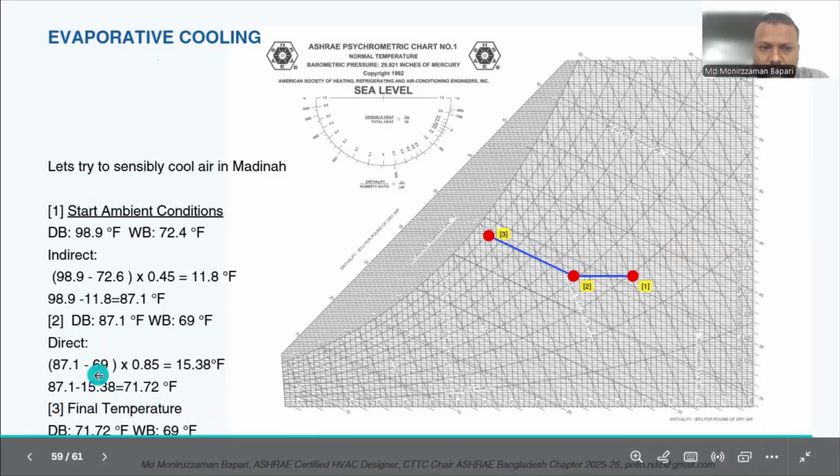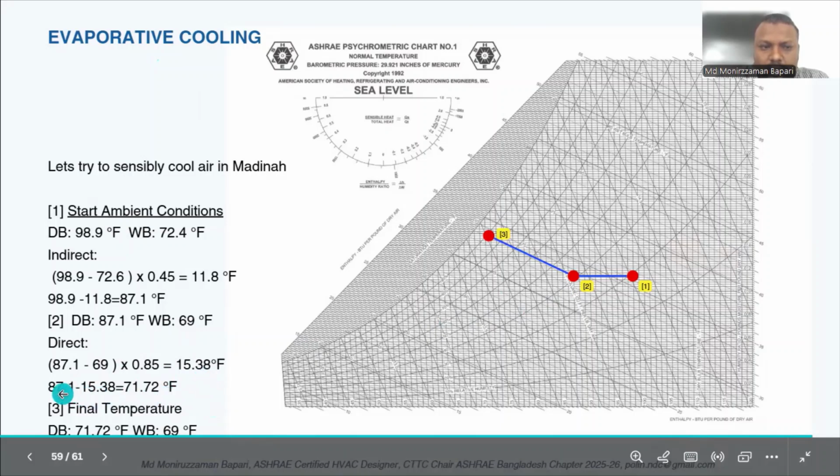Now, 87.1 degrees Fahrenheit is your dry bulb temperature at this changed scenario, and the wet bulb is 69 degrees Fahrenheit. You take the difference, multiply with the experimental coefficient of efficiency 0.85, and what we get is 15.38 degrees Fahrenheit, the difference.